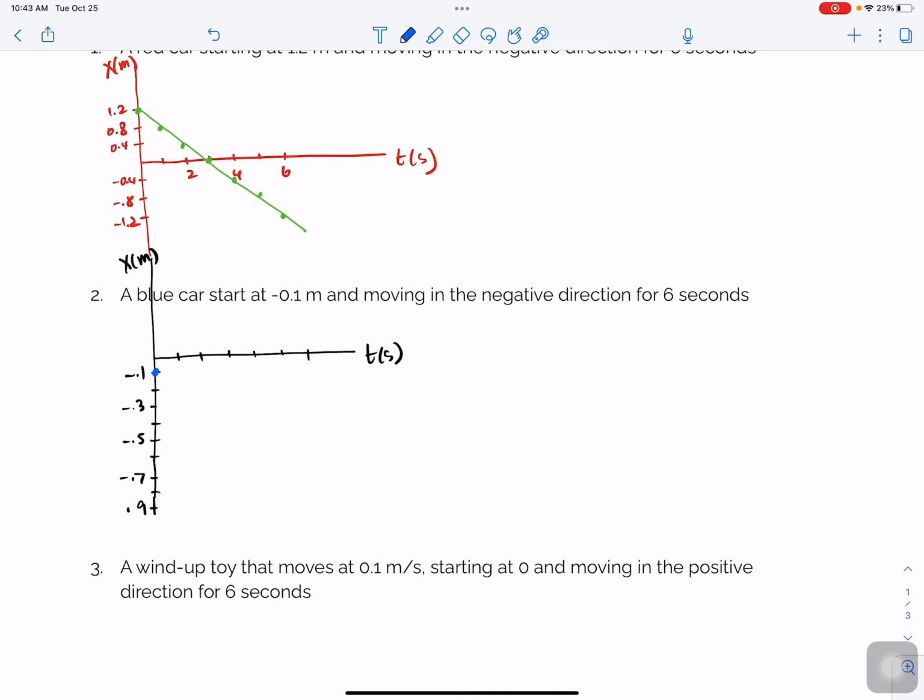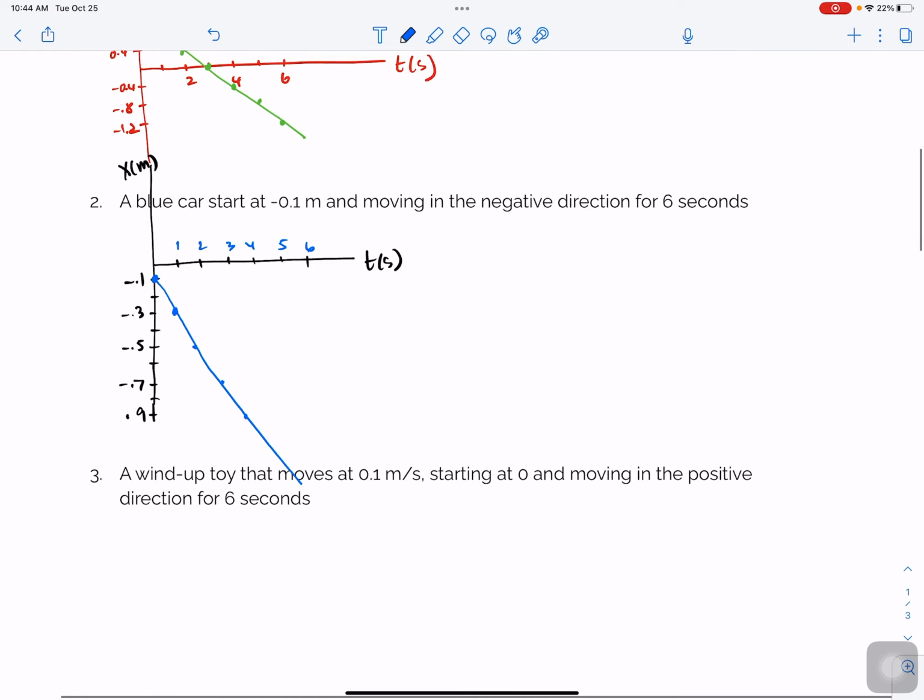And then after 1 second, it's gone 20 centimeters or 0.2 meters in the negative direction. After 2, I've gone to negative 0.5. After 3, I've gone to negative 0.7. After 4, I've gone to negative 0.9, and so forth. You can keep drawing if you want to, but that's good enough.